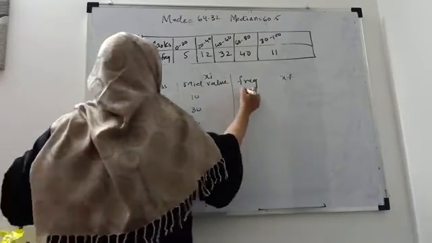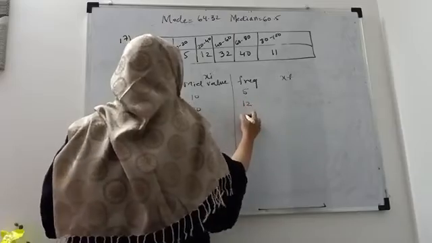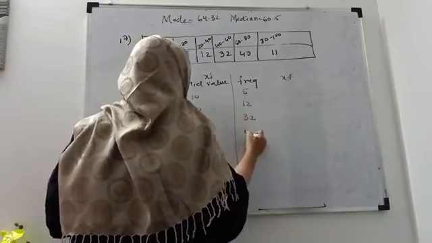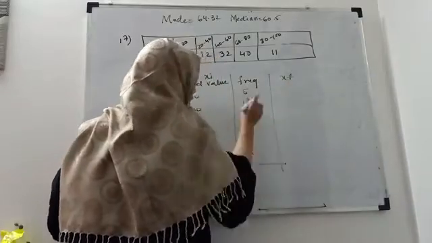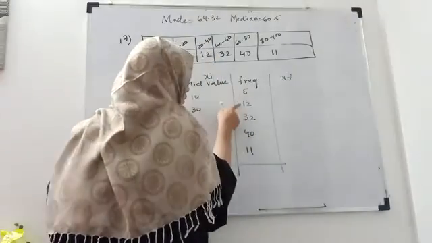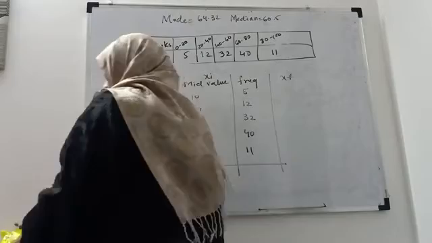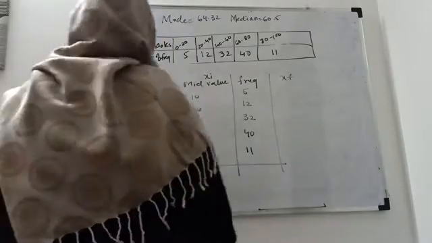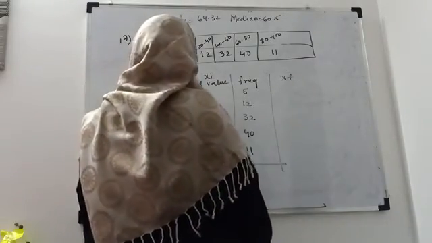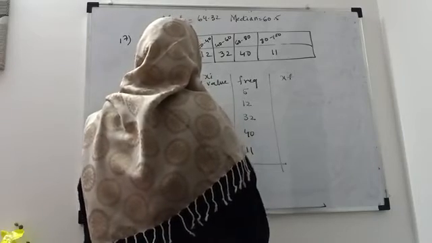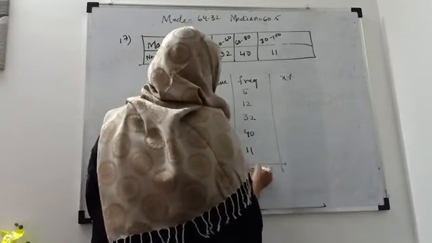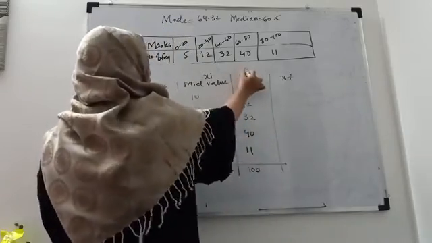Frequencies are 5, 12, 32, 40 and 11. Right, so we need addition of this. So 5, 17. So the answer will be 100, I guess. Here we need multiplication of x i into f i.